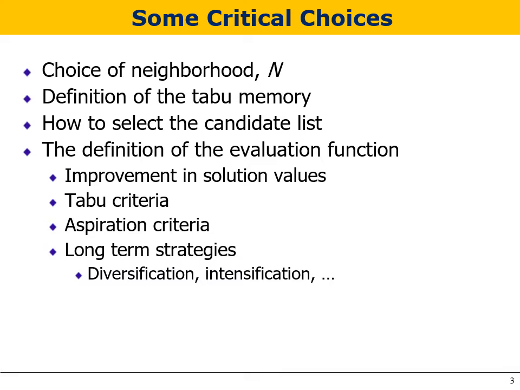So we need to define how we evaluate the function, how we compare these two solutions with each other, which is our objective function. We need to record the improvements in the solution values. As I said, we need to define our Tabu criteria, how long and how we record it. There is a so-called aspiration criteria in some metaheuristics, and what does it mean?